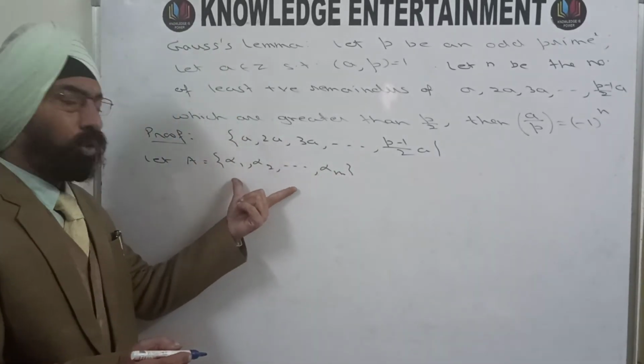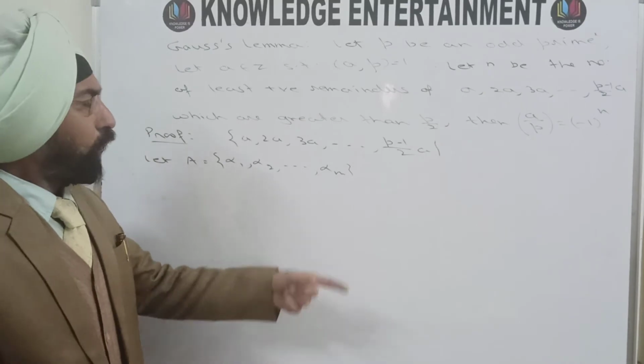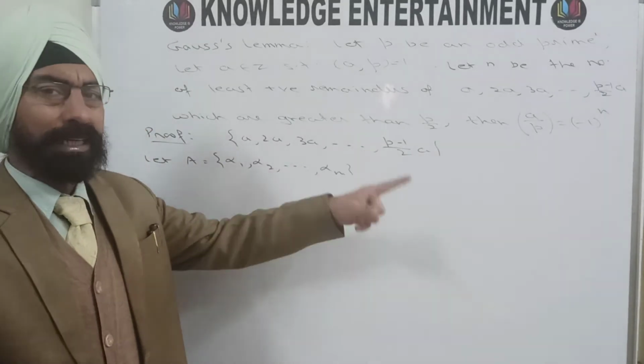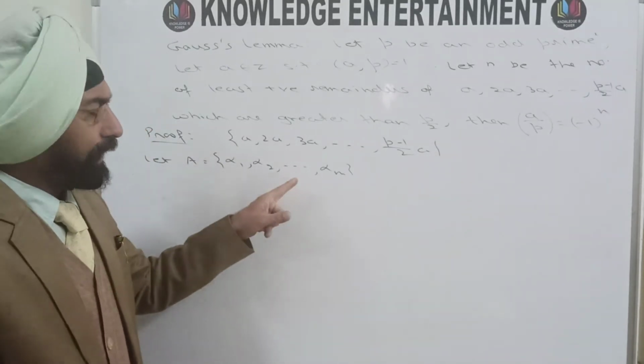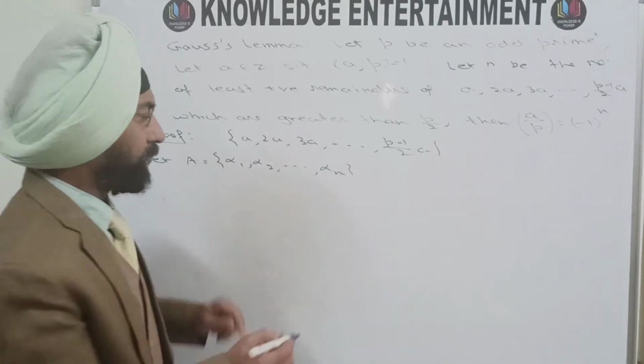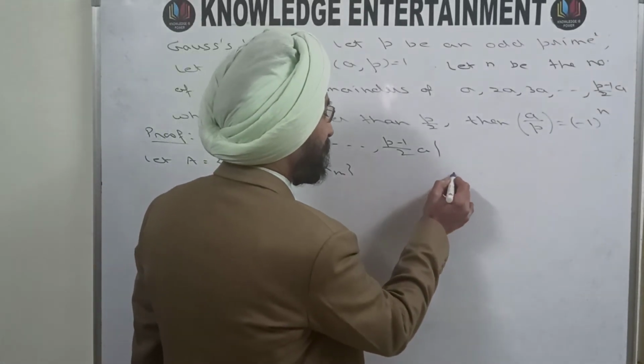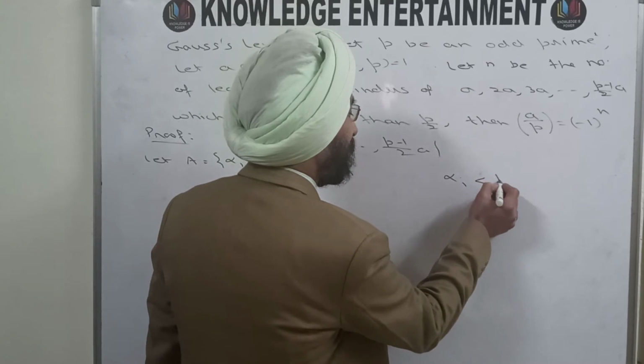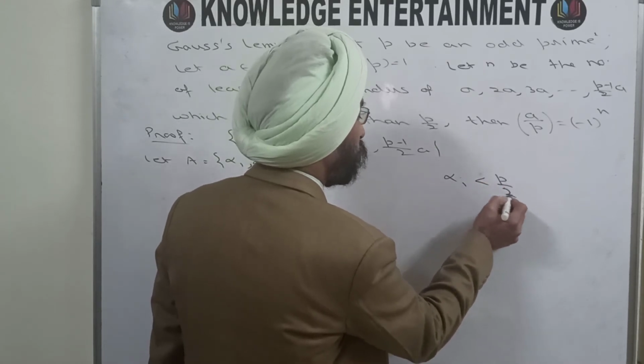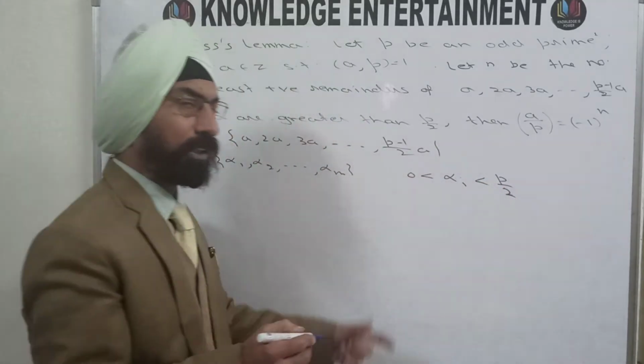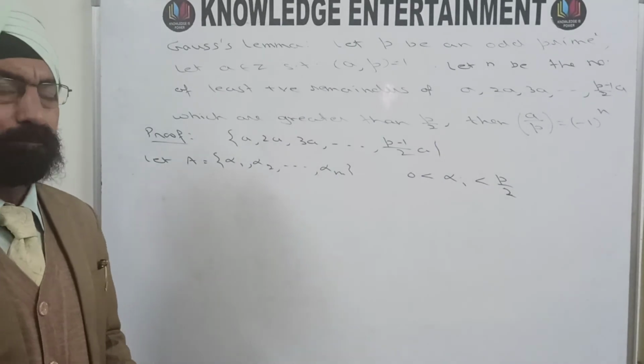These are those remainders which are obtained by dividing these numbers by P, and the remainder is less than P by 2. So these alpha i's are less than P by 2 and definitely greater than 0, because none of these numbers is divisible by P.